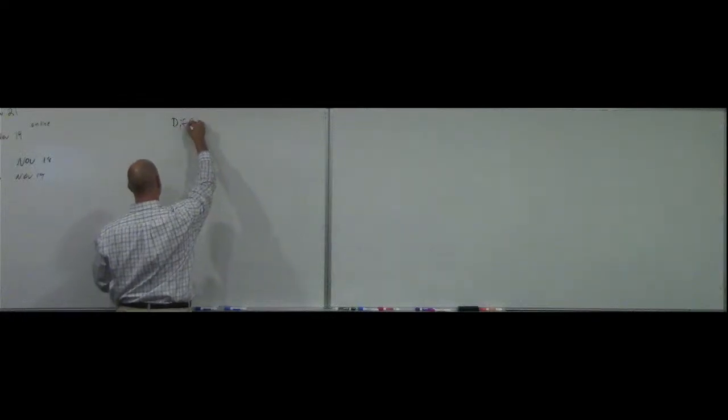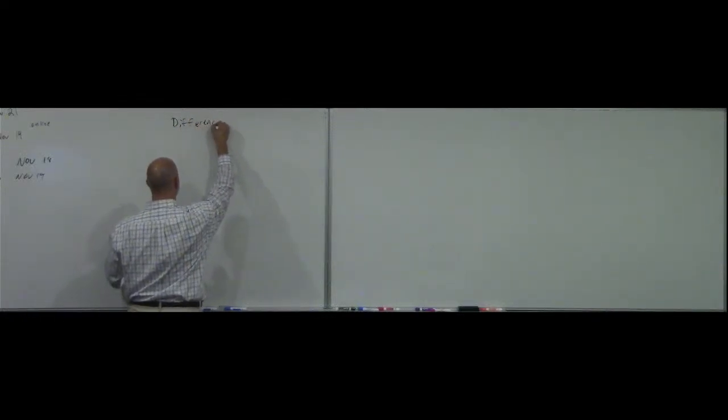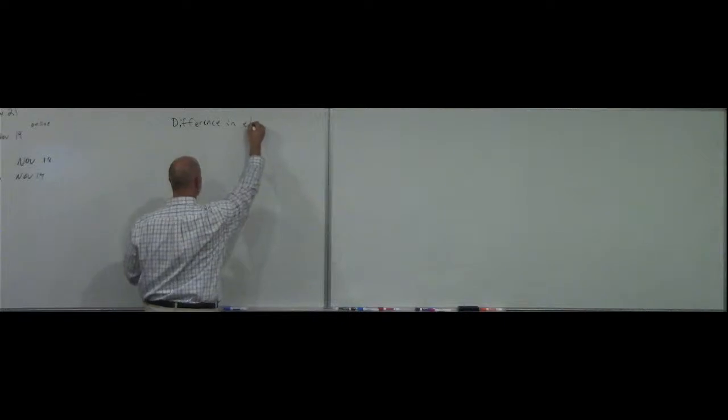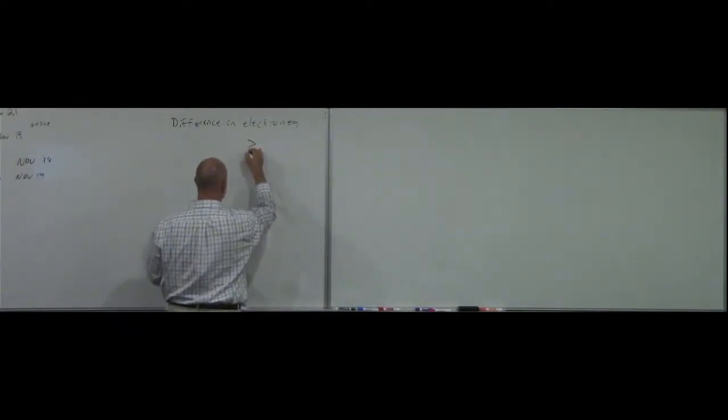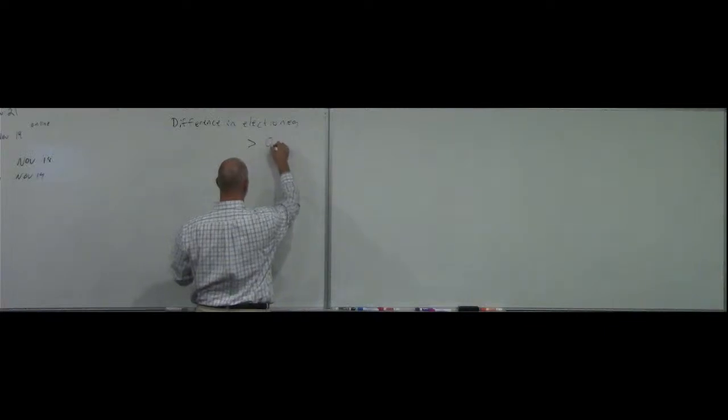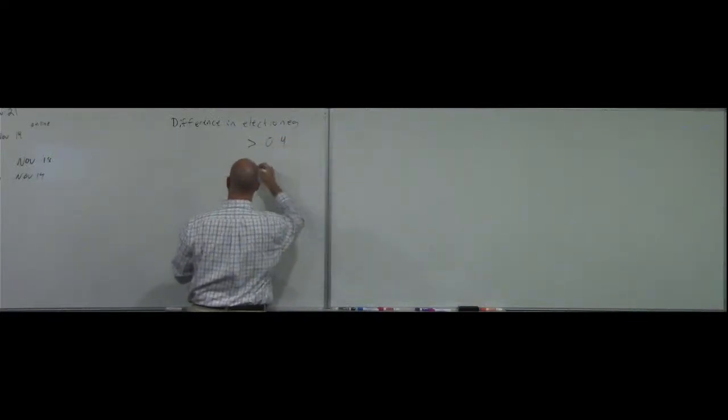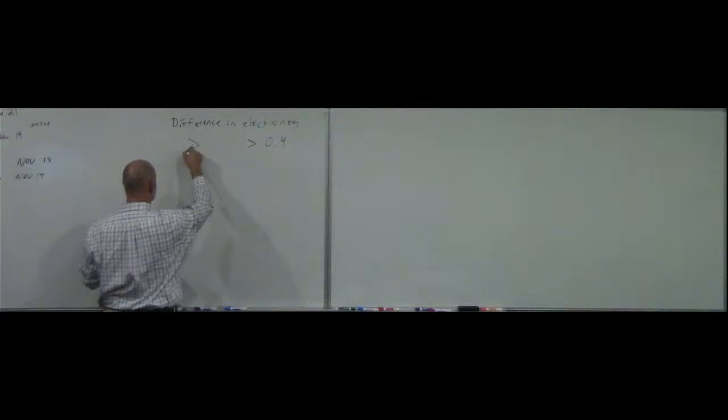0.4 is the threshold. I can do it like this. So difference in electronegativities, okay? If it is less than or equal to? No, it's just less than, excuse me. It's less than 0.4, or if it's less than 1.8.